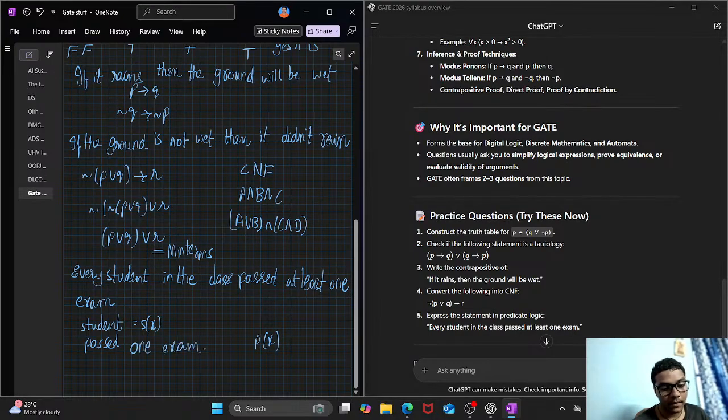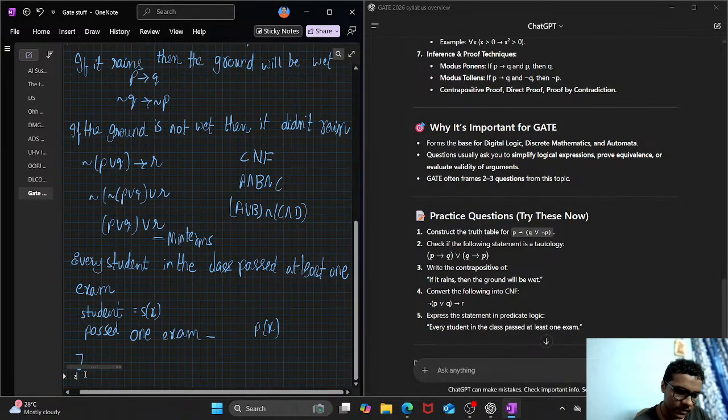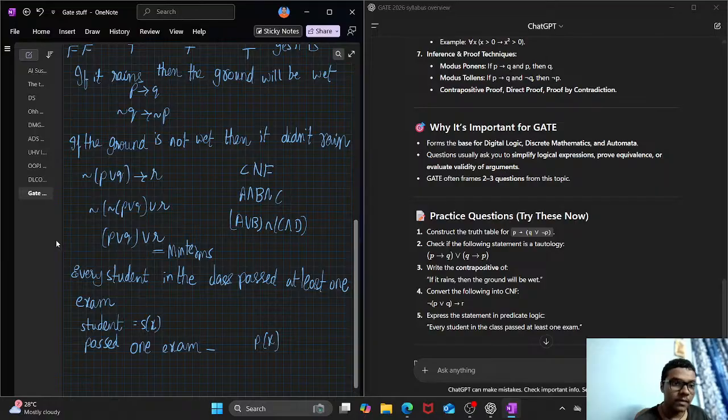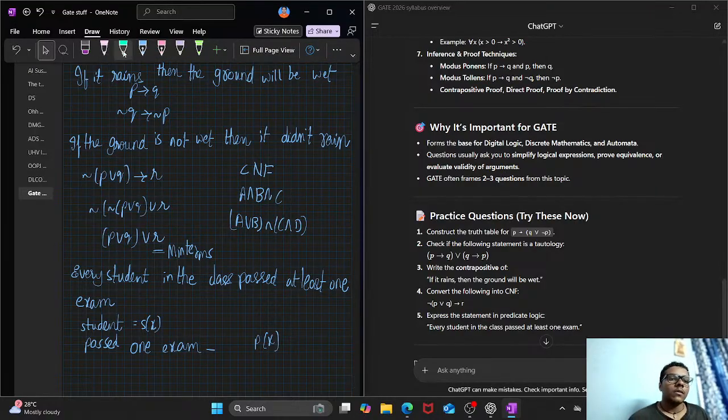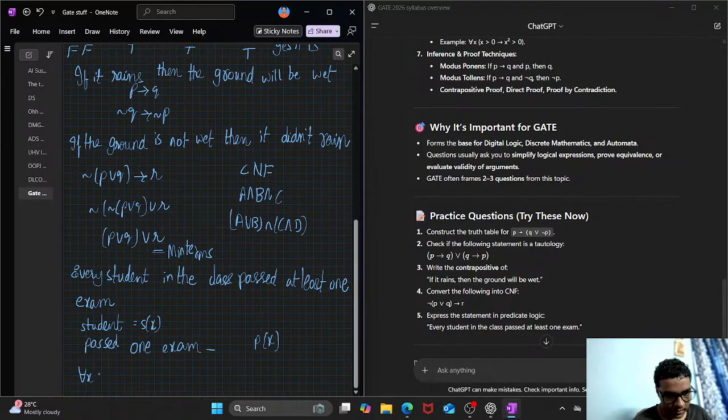So that's p of x, right? Or sorry, this is the symbol of there exists. For all x, s of x implies there exists p of x.